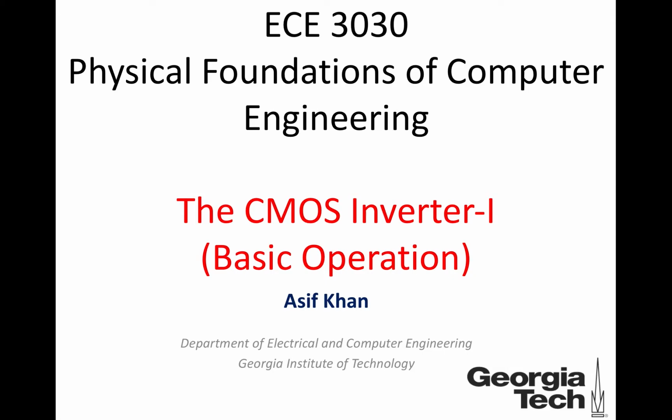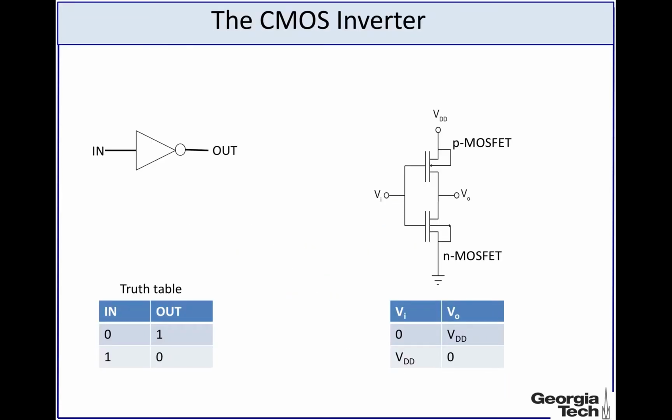In this video lecture we will introduce the concept of the CMOS inverter, and then we will look into the basic operation of this inverter. On the left I am showing the symbol of a logic inverter.